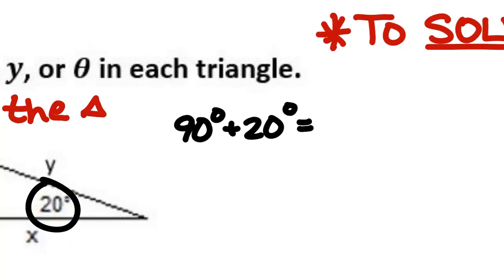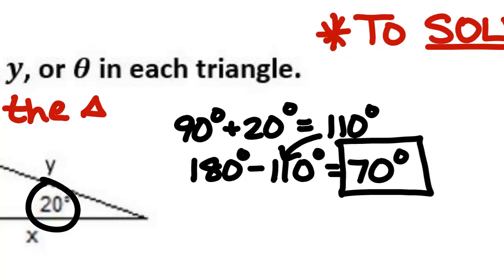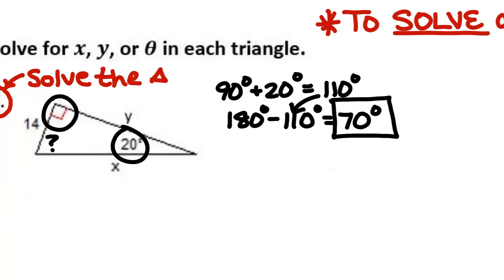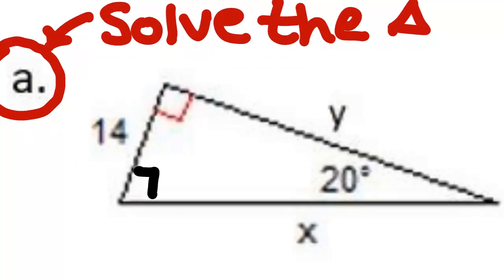Add those two together. 110. And then we take that and we minus that from 180. 70. You were just a step ahead of me. So there's my missing angle. So I'm going to add that to my picture. This is a 70-degree angle.